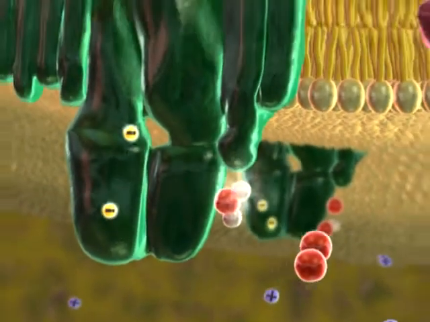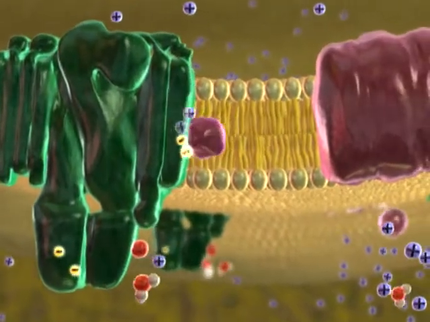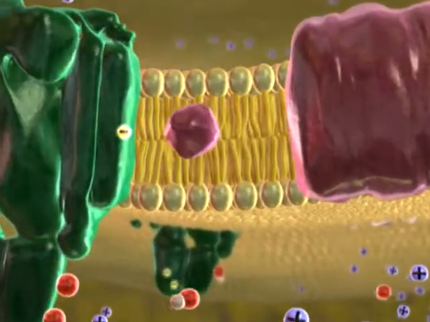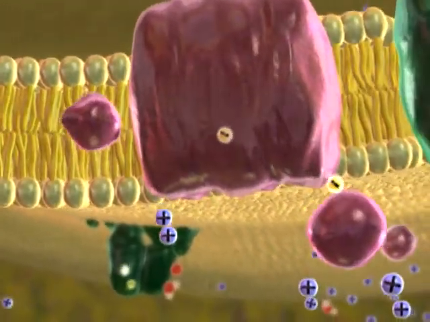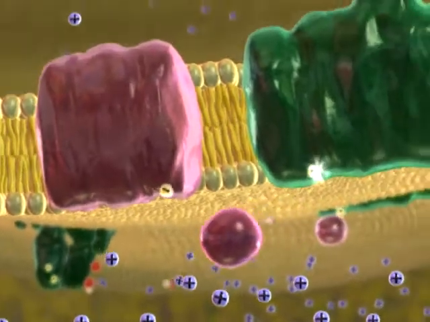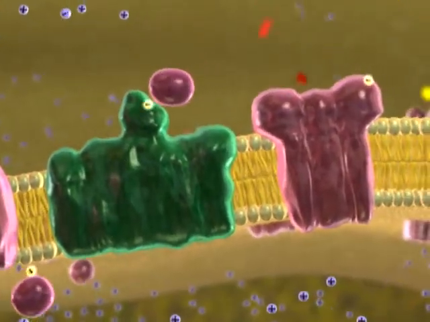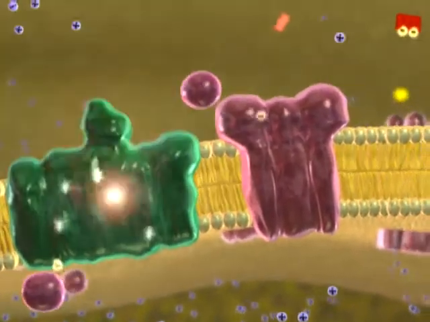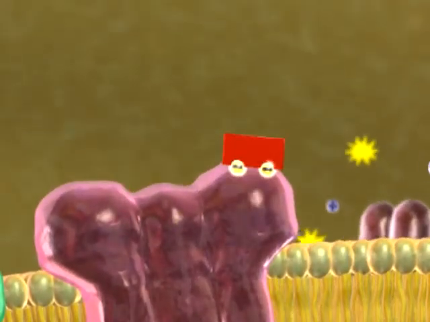The energized electrons flow down the electron transport chain, releasing energy that is used to pump hydrogen ions, the blue balls, across the membrane, forming a reservoir of potential energy. In photosystem 1, on the right, light energy excites electrons, and this time the electrons are captured by an electron carrier molecule, NADPH, shown here in red.